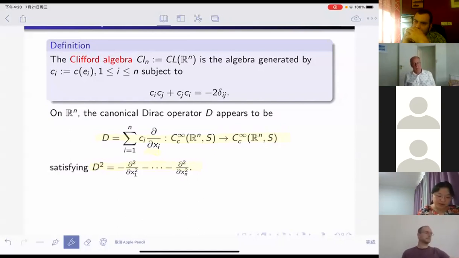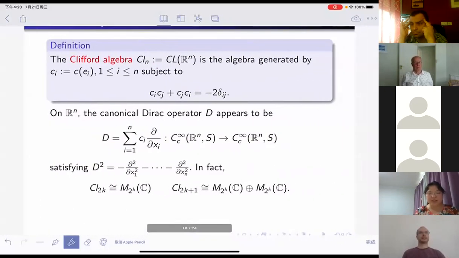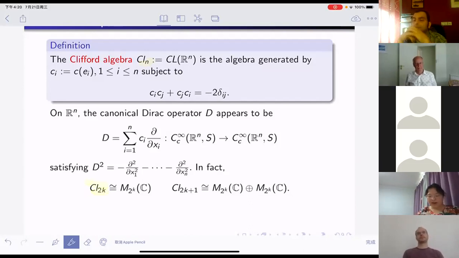And when you solve the equation that D squared is the Laplacian, this Clifford algebra condition is naturally satisfied. And actually, one can find a matrix representative of the Clifford algebra. In fact, for n equal to 2k, the even case, the Clifford algebra is isomorphic to a matrix algebra.